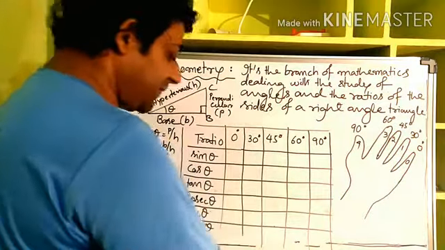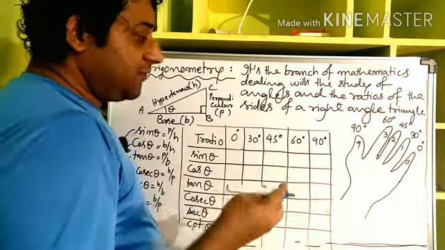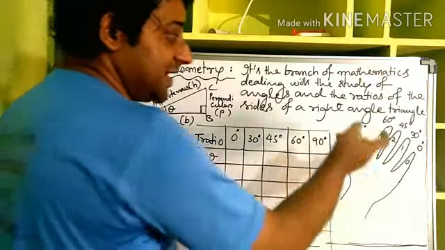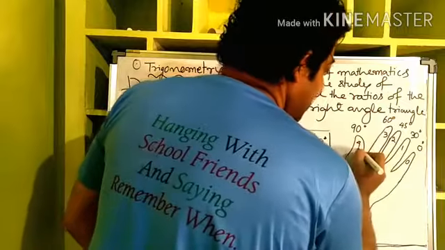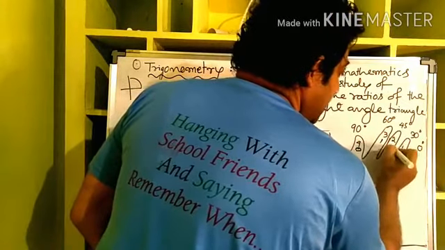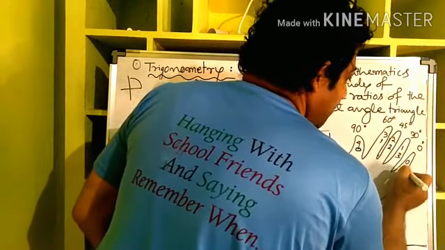We have numbered the fingers. For cosine, we'll start from the other side: 0, 1, 2, 3, 4.